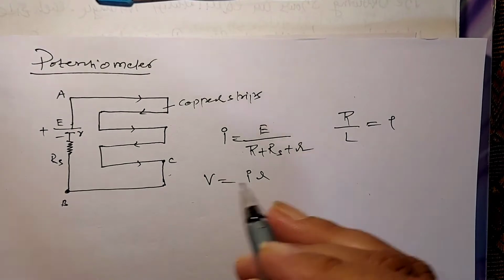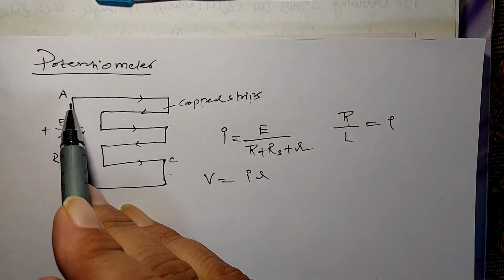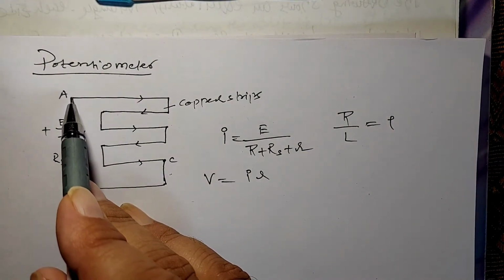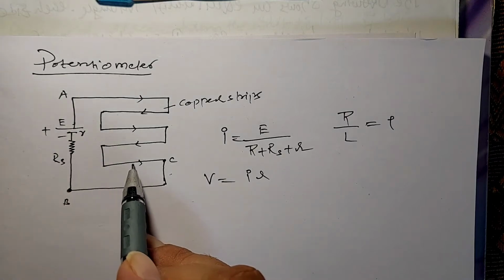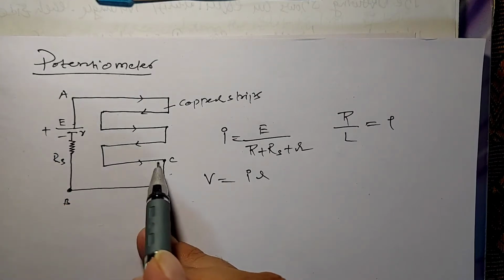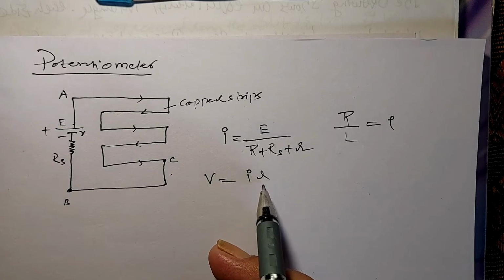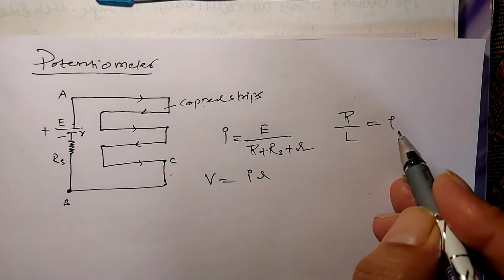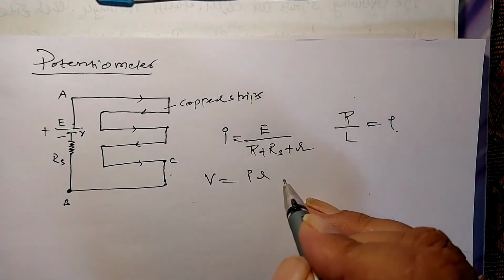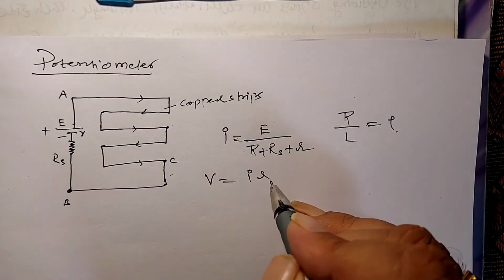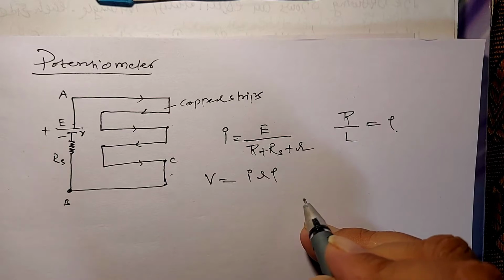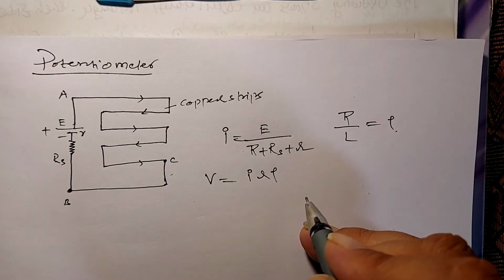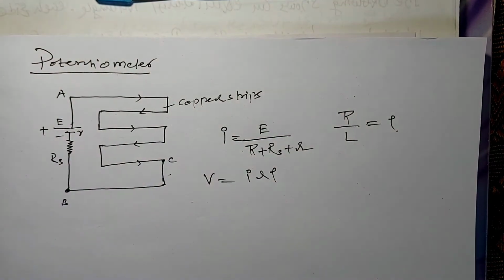Now we want to find the resistance between the two points A and C. The length between the two points A and C is small l. Resistance per unit length is rho, so the resistance for length l is l into rho. Here l is the distance between the two points.